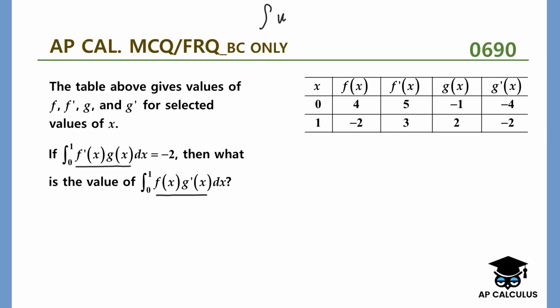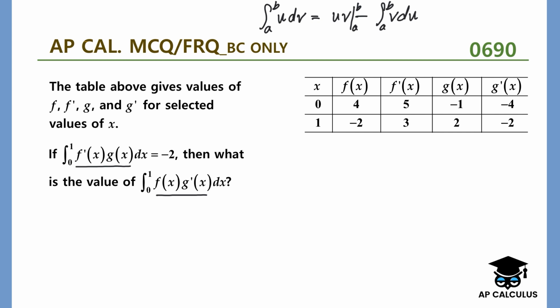The integral of u dv is equal to uv minus the integral of v du, right? That's the formula for integration by parts. If this is a definite integral from a to b, then this must be uv from a to b, and this integral must be from a to b, all right?